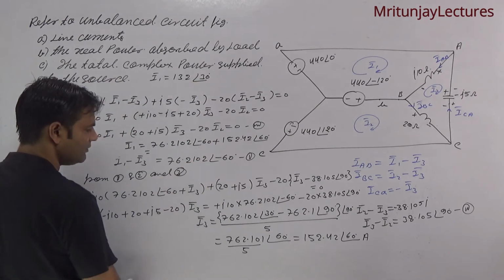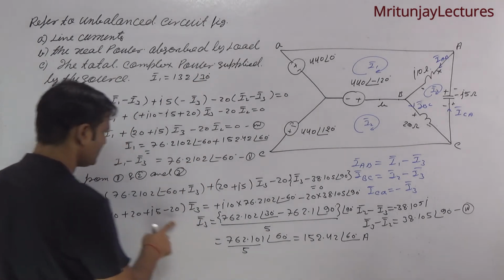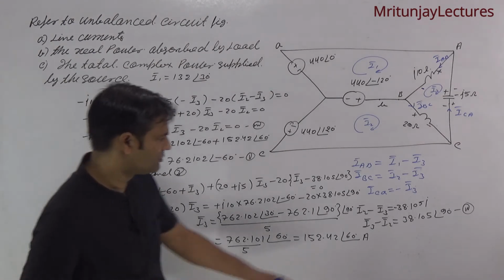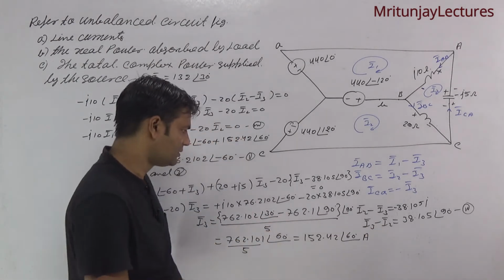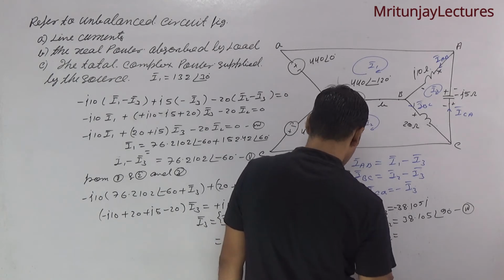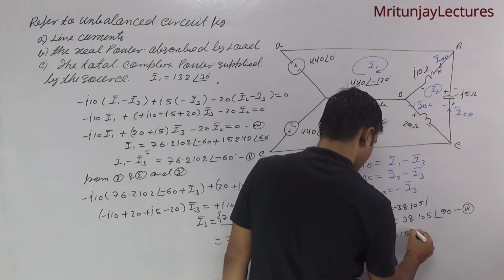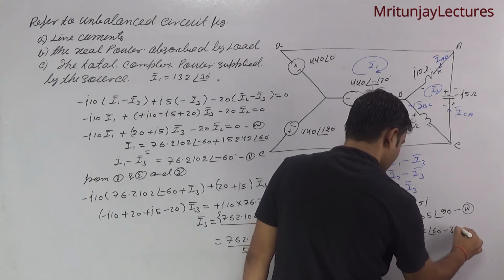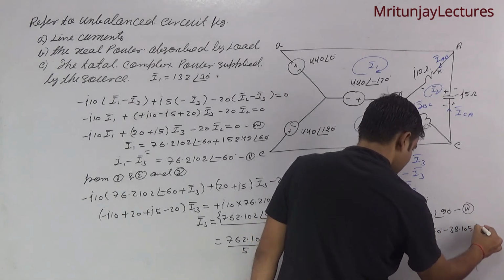Similarly, if this value of I3 is put in equation number 2, what about I2? I3 is 152.42 at the angle 60 minus 38.105 at the angle 90 degree.